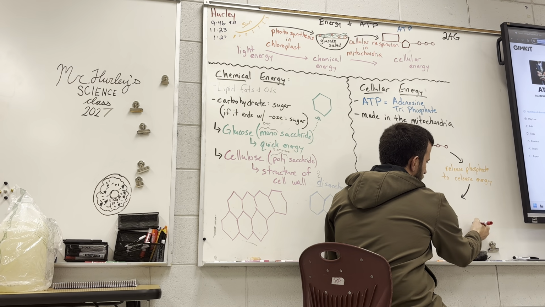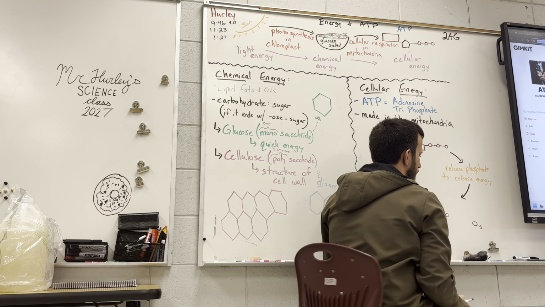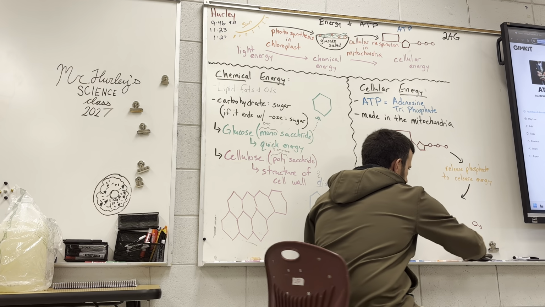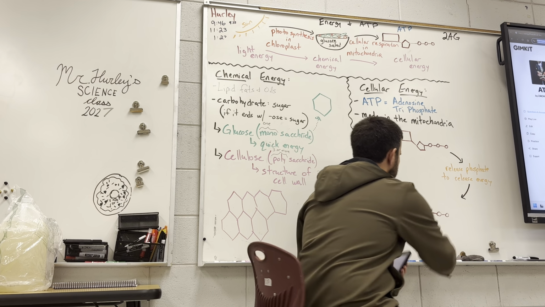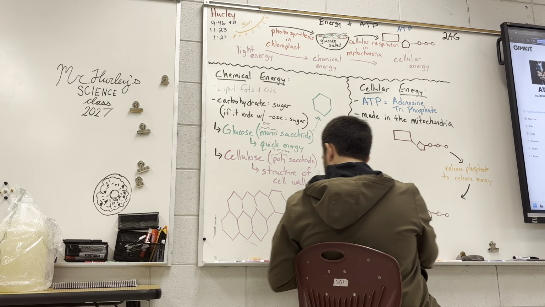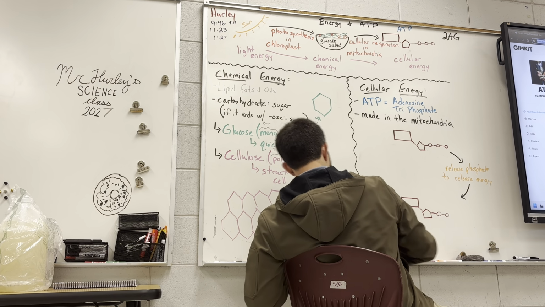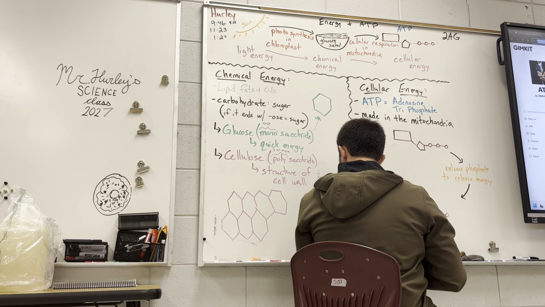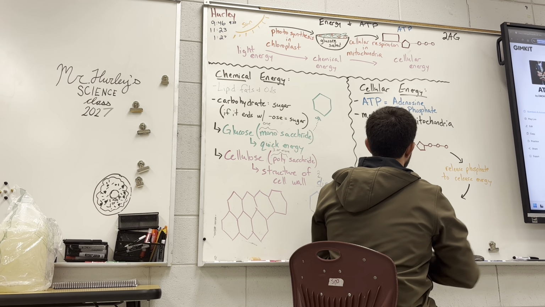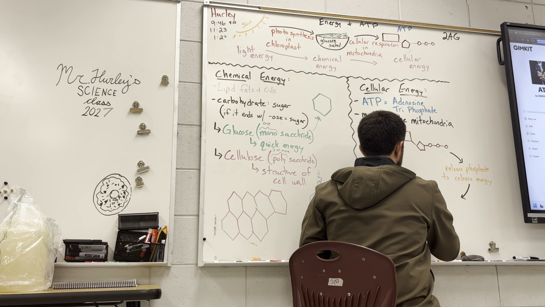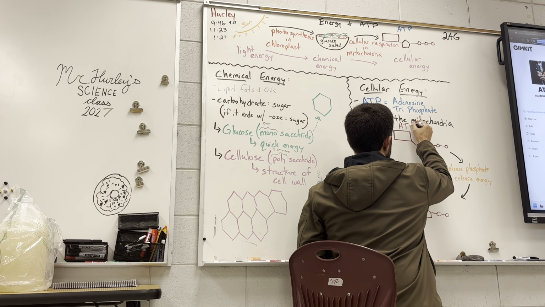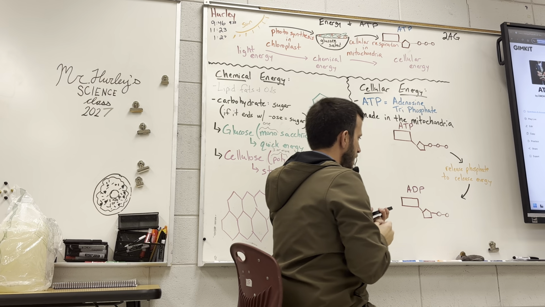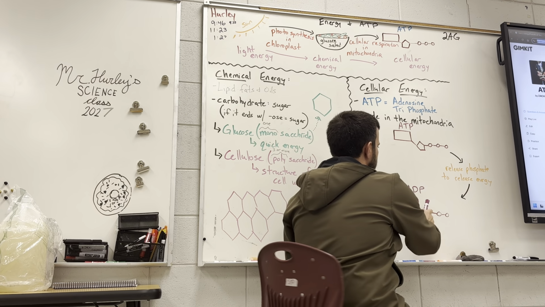The last one is broken off somewhere and being used, so we won't draw that. There's two little circles. This is purple. This is ADP. This is ATP. Adenosine diphosphate now.